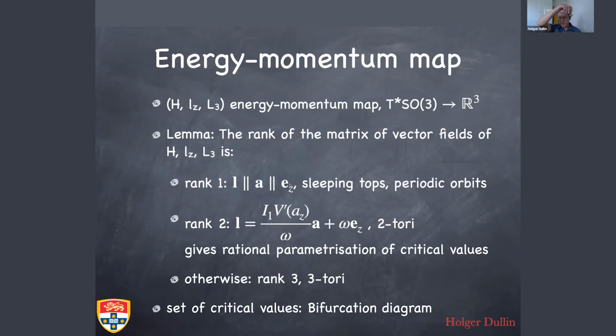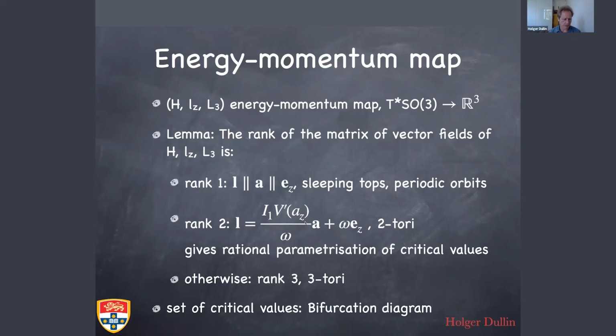So here I have a top. What you will see in a second is that since this is a fixed point, you usually don't do this on a table, but if it's actually a fixed point, the top can also be hanging, right, from this fixed point. And both of these solutions are sleeping tops, upright and hanging. They're periodic orbits. Then if the three vectors are coplanar in a perpendicular special way, then we have motion on two-dimensional tori.